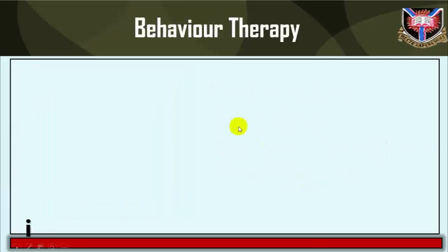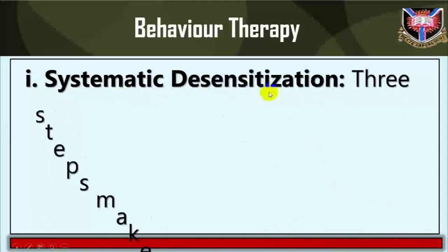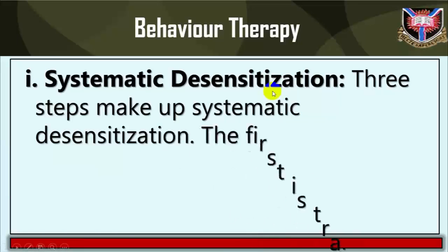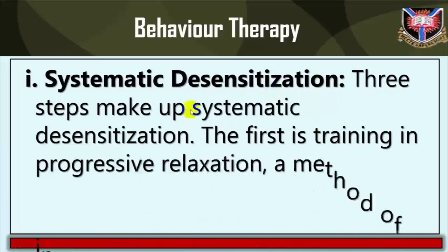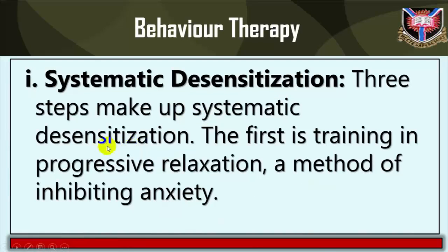1. Systematic desensitization. 3 steps make up systematic desensitization. The first is training in progressive relaxation, a method of inhibiting anxiety.